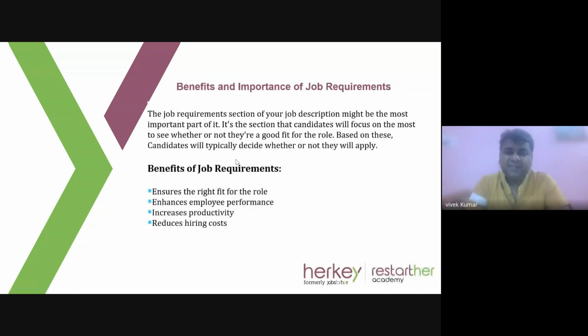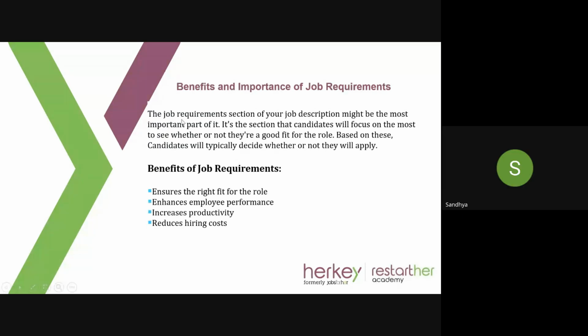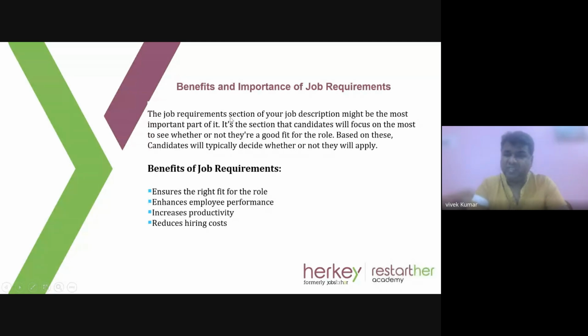So now let's look into the different benefits and also the importance of job requirements. As I told you, the job description is something which has multiple details, and job requirements will be one small section of your job description.